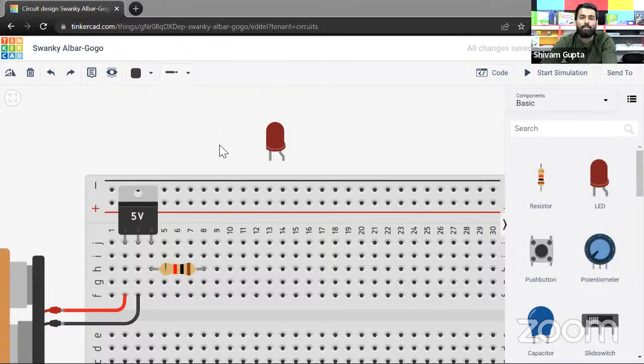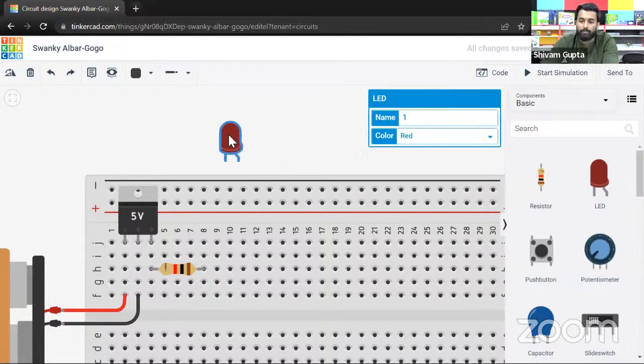Okay. So students, now what we need to do is we need to add the LED. So from this terminal, we need to connect the LED in this line only. So what we'll do is we will be rotating the LED like this.